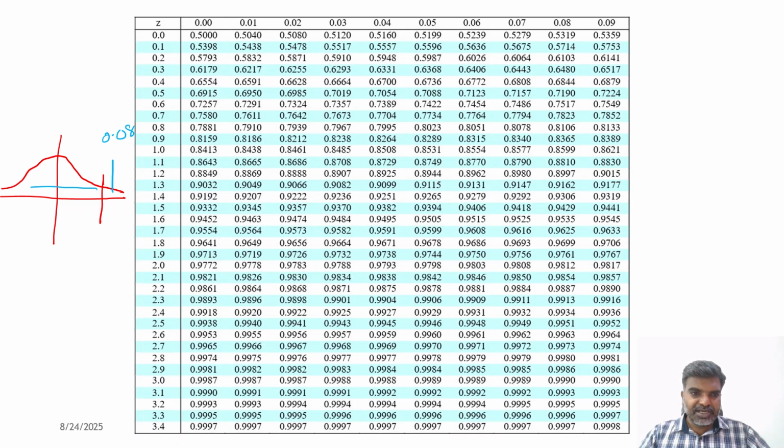Left side values means these values exist in the table, not the right side value of the z. So 0.08 means 1 minus 0.08, since the total area is 1. So that is 0.92. Now we have to look for 0.92 in the table. What about 0.92? We can see 0.919. We can't see the exact value, so we have to consider the nearest value, 0.9192. So what is the z value here? z equals 1.4.